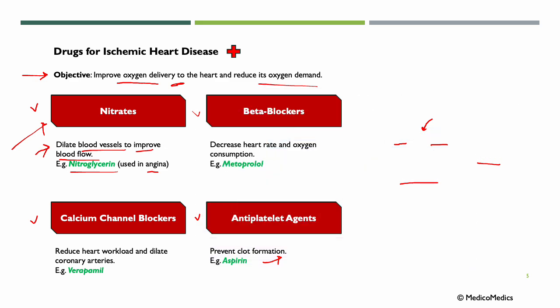Now let's talk about beta blockers. So beta blockers like metoprolol, for example, they lower heart rate and contractility, reducing oxygen demand and helping to prevent future ischemic episodes. So, in short, decrease heart rate and oxygen consumption.